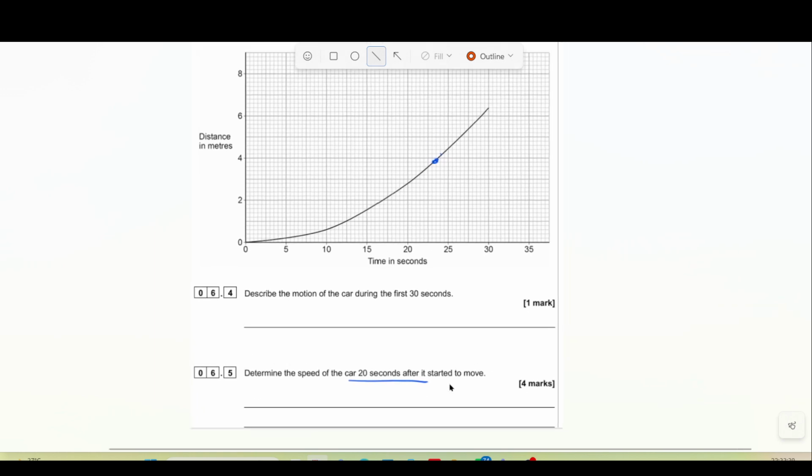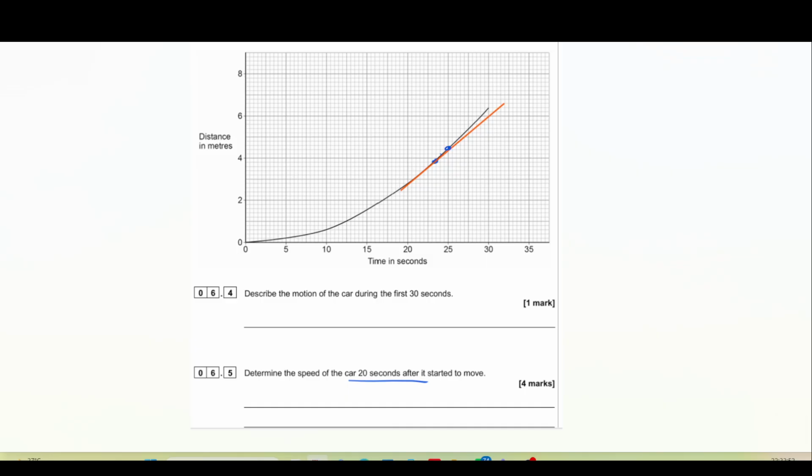So you have to use the same concept. If you draw a tangent here, you have to find the gradient. Tangent means passing through this point, or you can take any 2 points.